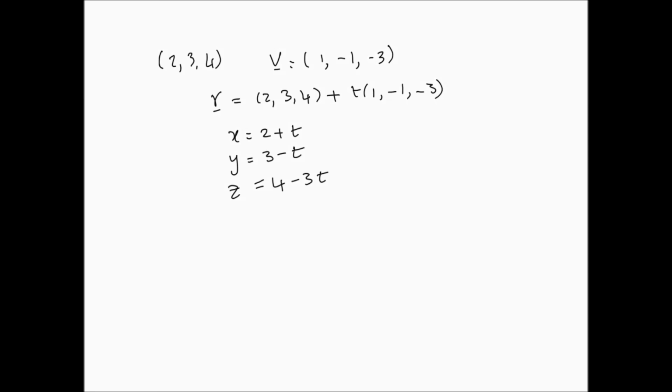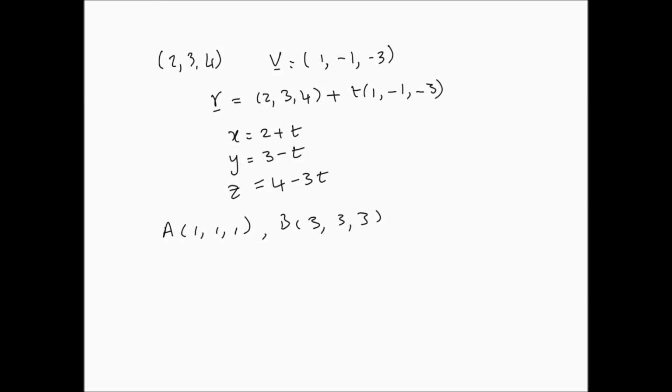Another possibility is that someone can give us 2 points, for instance 1, 1, 1 and the point 3, 3, 3. Let's say these 2 points are A and B, and we're asked what is the equation of the line that these 2 points lie on.